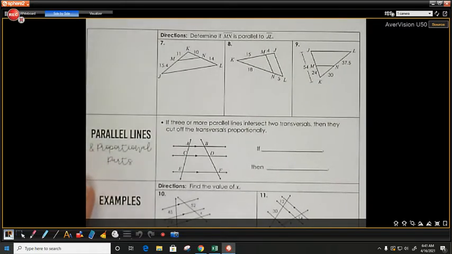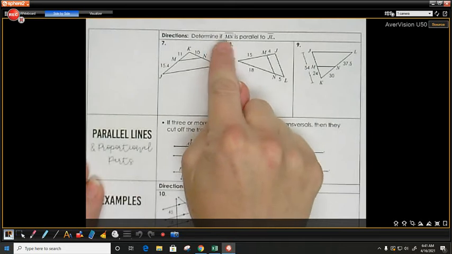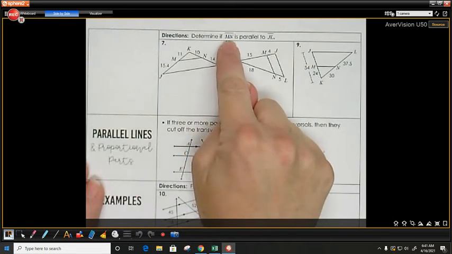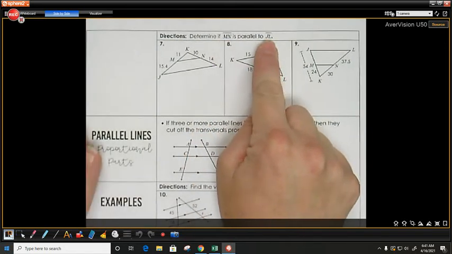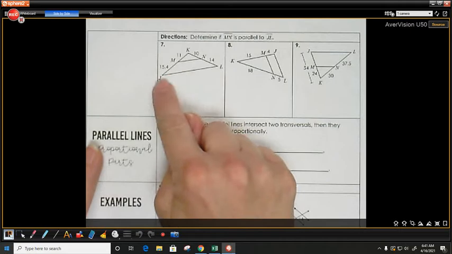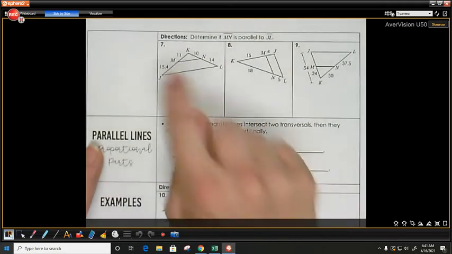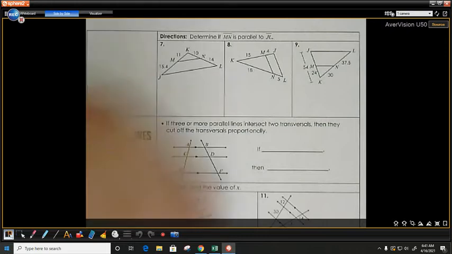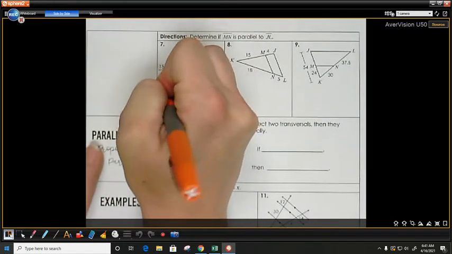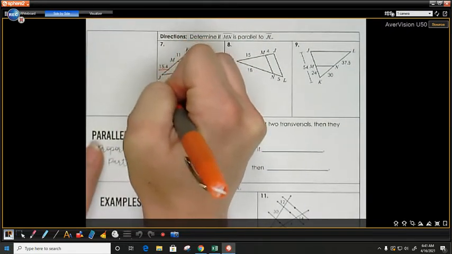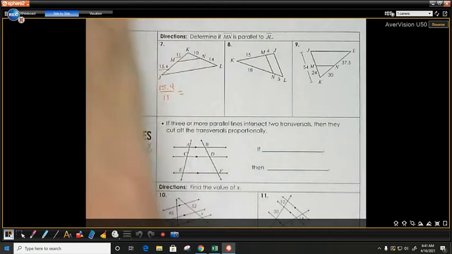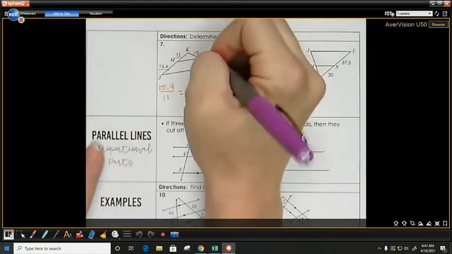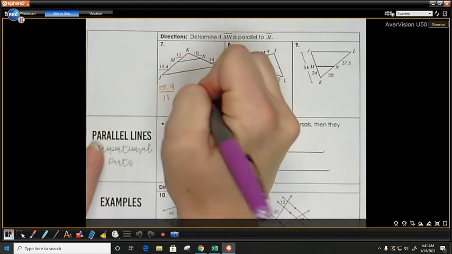Okay. So now it says determine if MN is parallel to JL. So what we're going to do to determine if these two lines are parallel is we're going to see if the ratio of the sides are proportional. So I'm going to do 15.4 over 11. Is that equal to 14 over 10?